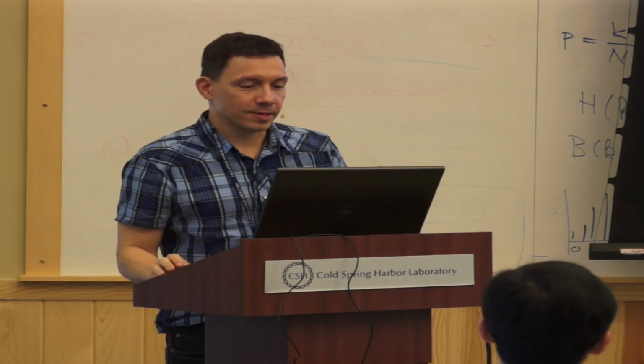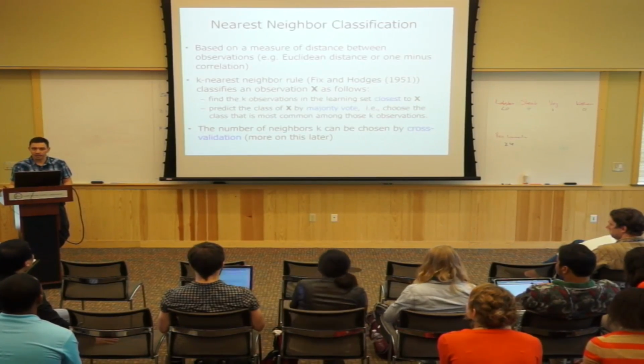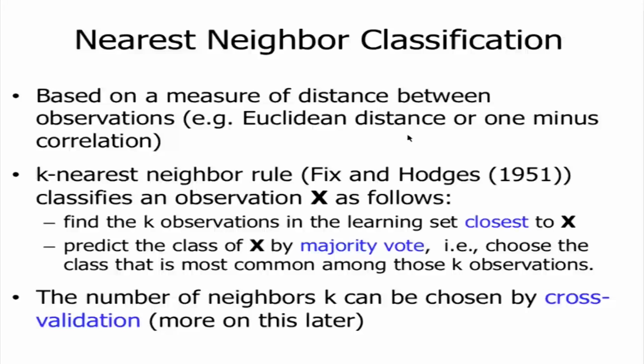Now, this method is very intuitive and simple, but it's unbelievably accurate. It's one of the best predictors we have in terms of accuracy. A problem is that somehow it's not widely used in genomic applications. And what's the problem?